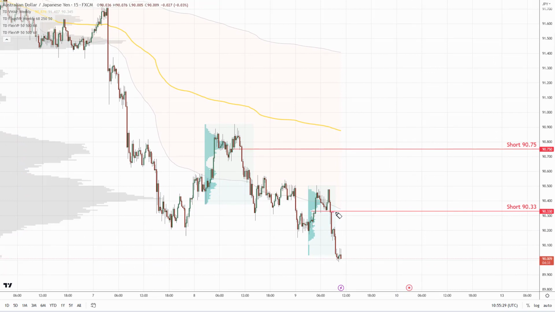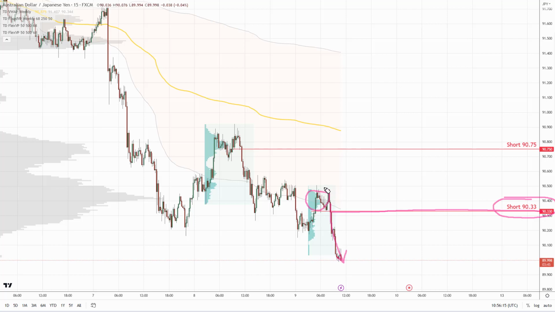The first one, the closer one, is at 90.33 and it formed just recently. It is based on a couple of confluences, a couple of trading setups. The first one is those heavy volumes which were traded before this strong selling activity.